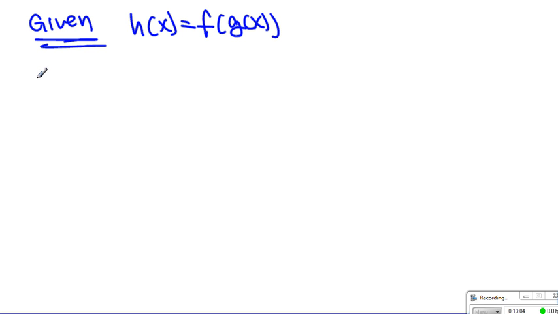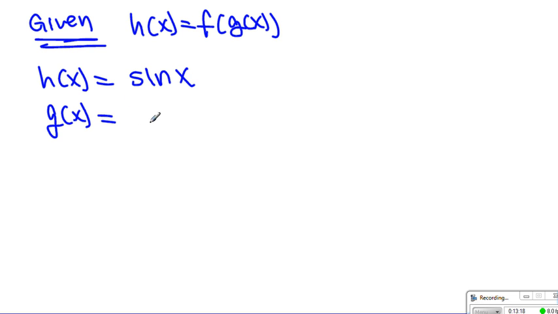This time, what if I were to say h of x is equal to, how about sine of x, and then g of x, let's call it, how about e to the x. Now, can you find f of x? Once again, I'm going to give you a little bit of time to look at it, and then we'll see what happens.